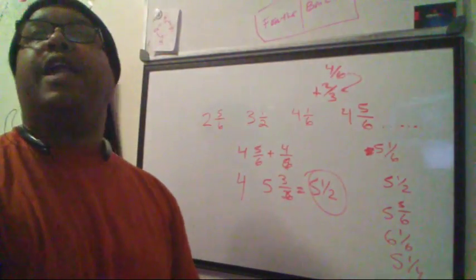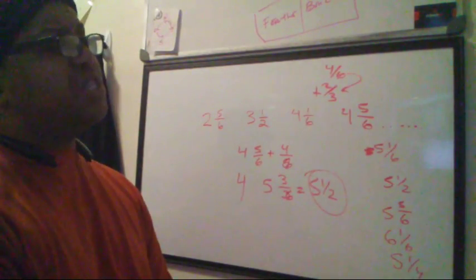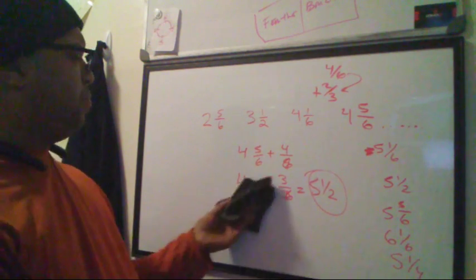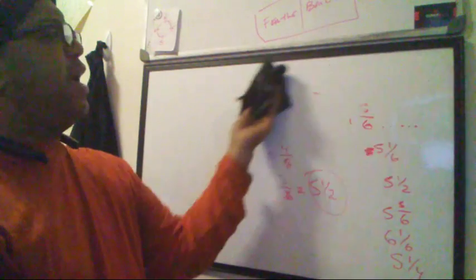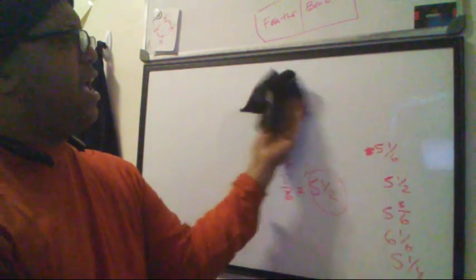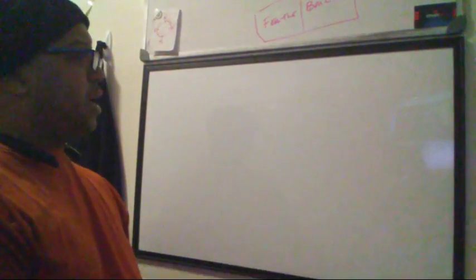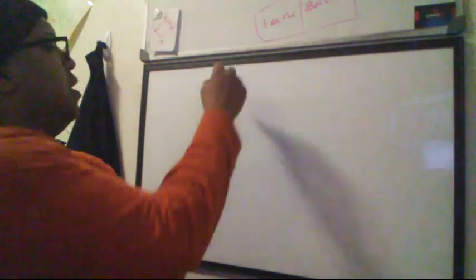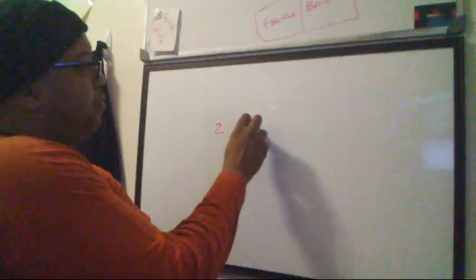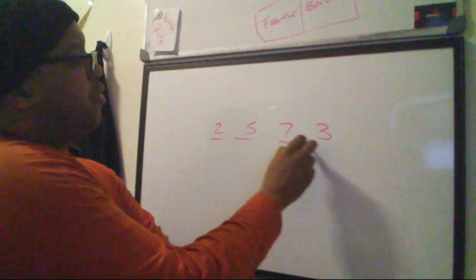What I've been getting a lot of emails about is averaging. The question comes in the form of, okay, you've got temperature readings throughout the day, and you want to find the average temperature. Some people are having problems because they don't realize that if I want to take the average of something, say 2, 5, 7, 3, I would have 4 numbers.